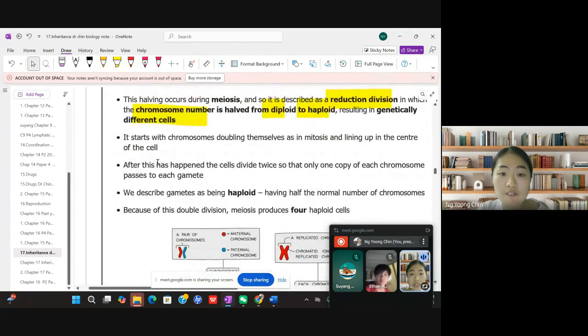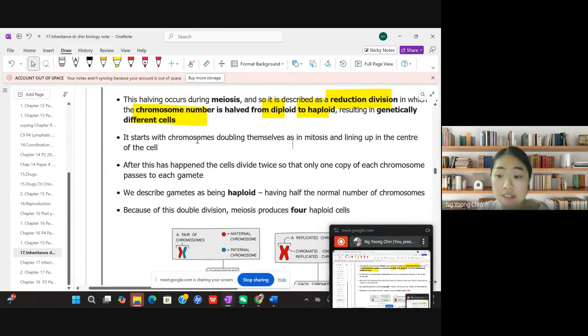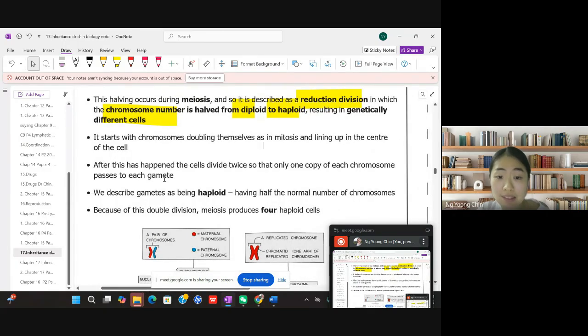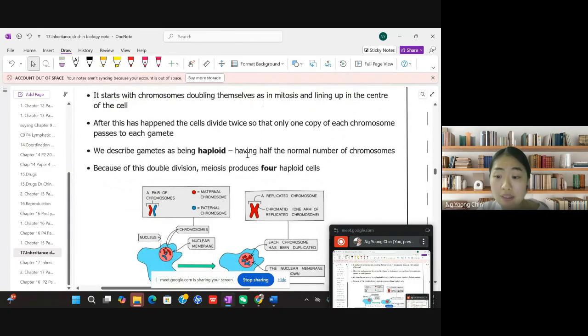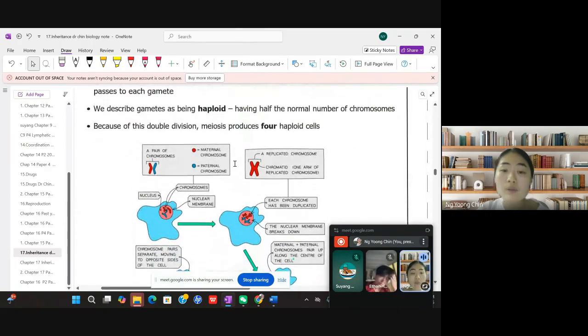It starts with chromosomes doubling themselves, as in mitosis, and lining up in the center of the cell. After this happens, the cell will divide twice so that 1 copy of chromosome will pass to each of the gametes. So it becomes haploid.